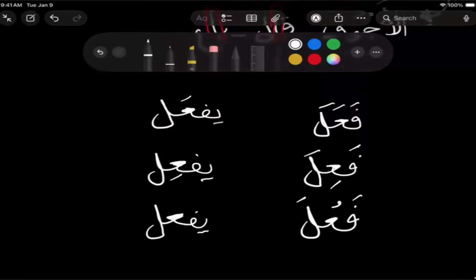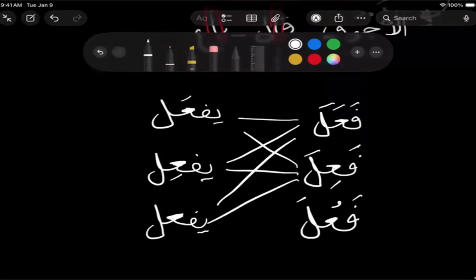Fa'ala can go to this one, and this one. If fa'ila can go to this one, and this one. If fa'ula can go to this one, and this one. So we would have then 9 combinations in terms of mere possibility. But did it come in the Arabic language like that?